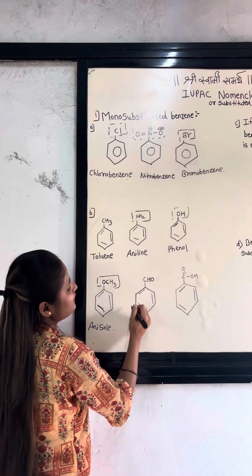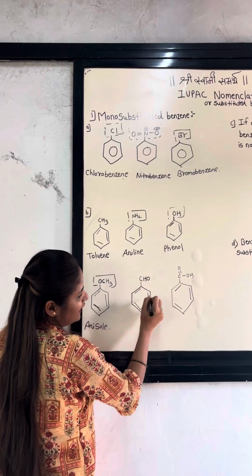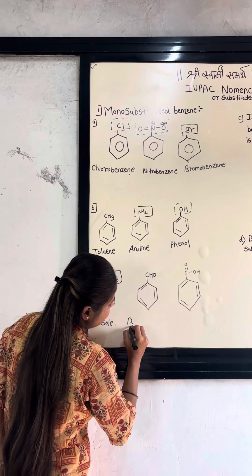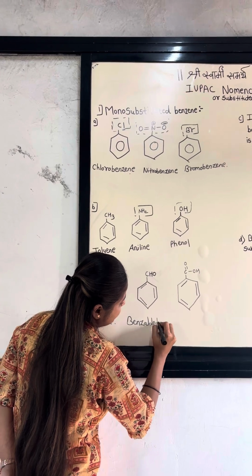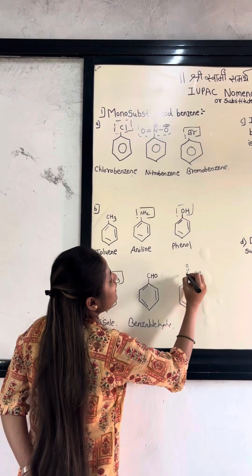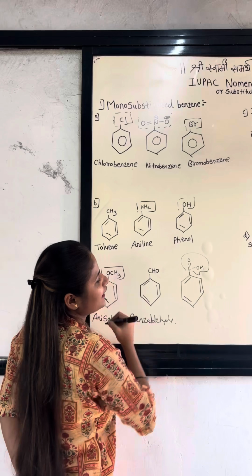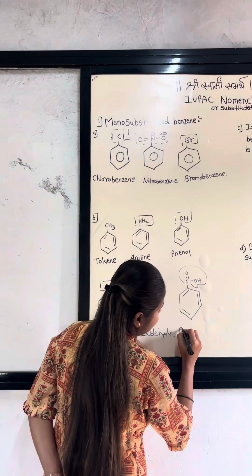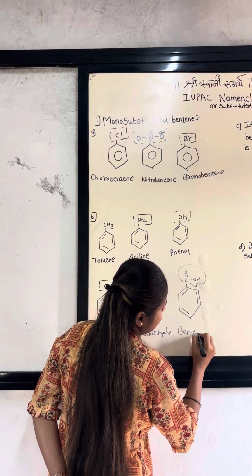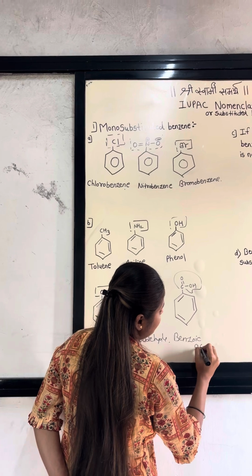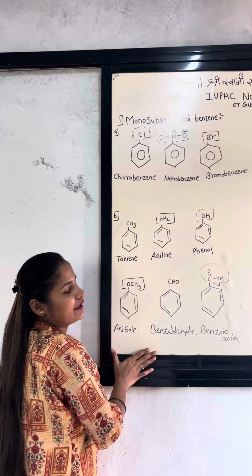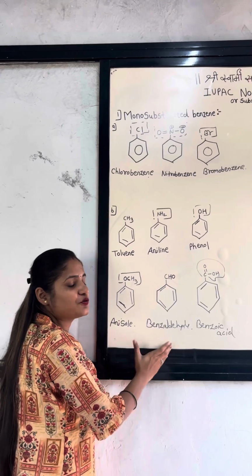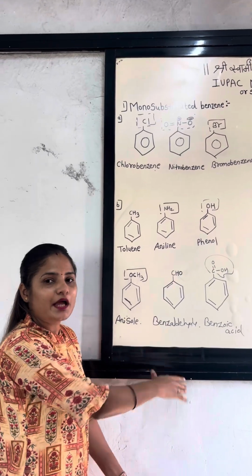Right. This is the aldehyde group which is attached to the ring. So it is benzaldehyde. And here is the carboxylic acid group. So directly we have to write it as benzoic acid. Okay. So these are the examples of common names which are used as the IUPAC name accepted universally.